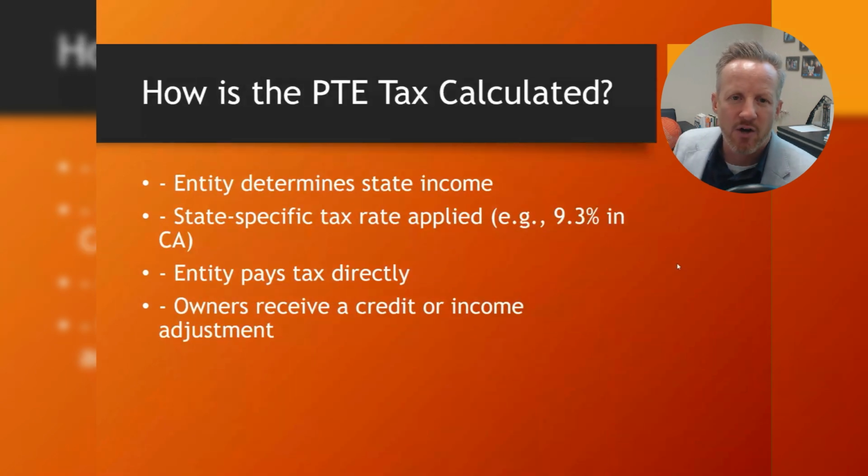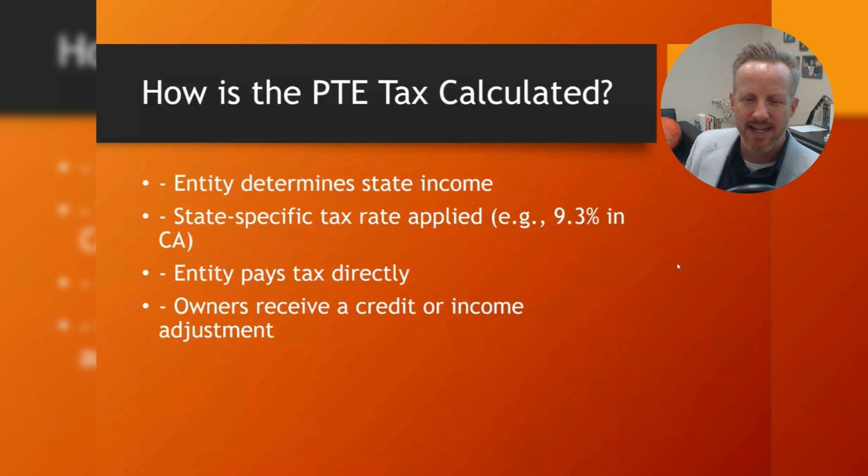All right, how is the pass-through entity tax calculated? Here's the way it works: every state has a specific tax rate. Now, state income taxes in reality are tiered, generally speaking, not always, but they're tiered, just like the federal tax code is tiered, meaning that if you make the first $30,000, you might be paying at the state level 3%.